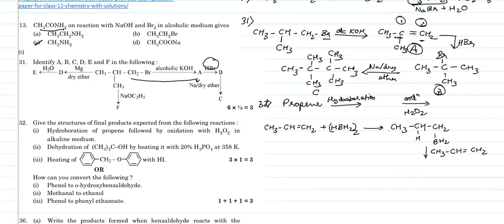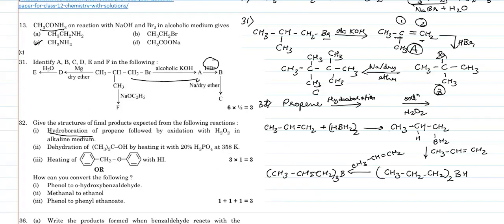So this particular reaction is actually one of the methods of preparation of alcohols. So we get CH3, CH2, CH2 taken twice, BH, and this undergoes a chemical reaction with another molecule of CH3, CH, CH2 to give us CH3, CH2, CH2 taken thrice, B. Now, this is the first part, that is hydroboration of propene.